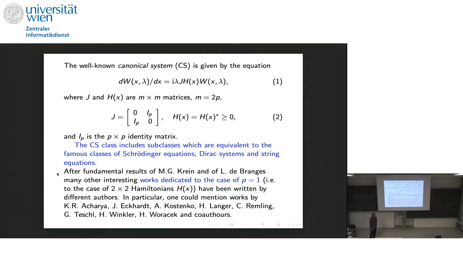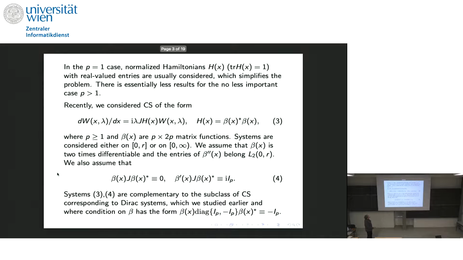After their works, there were many interesting further works and developments, and some of the authors I wrote down here. The list is far from being complete. In the p equal 1 case, normalized Hamiltonians are usually considered with real valued entries.